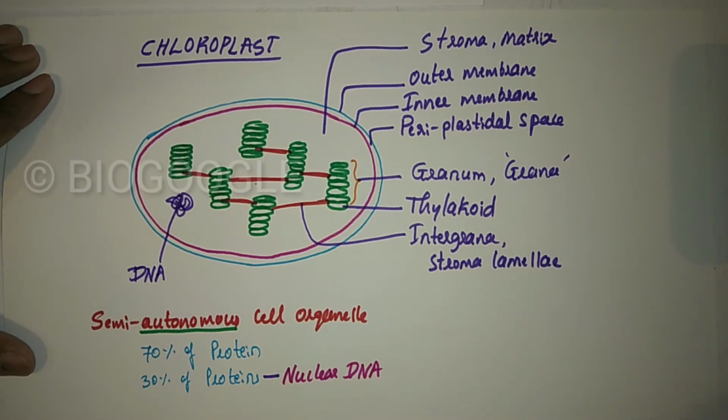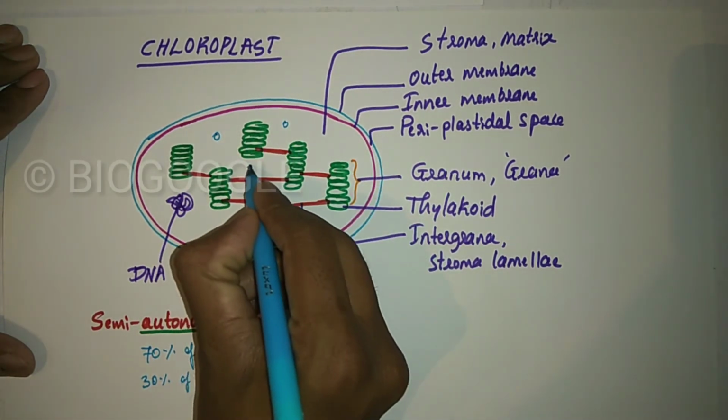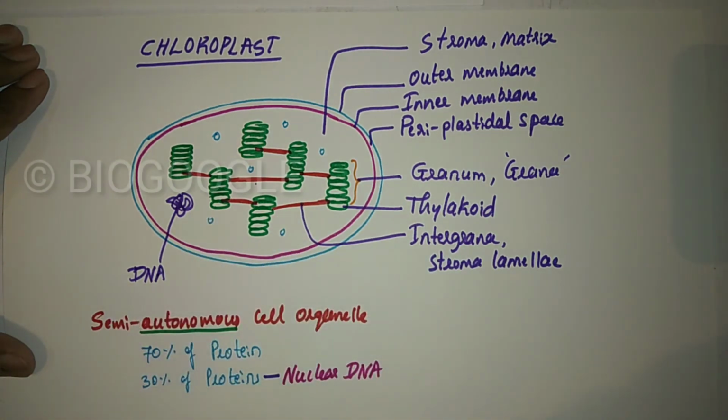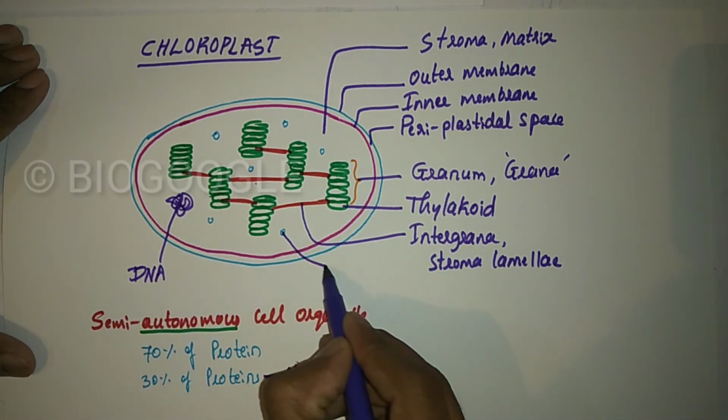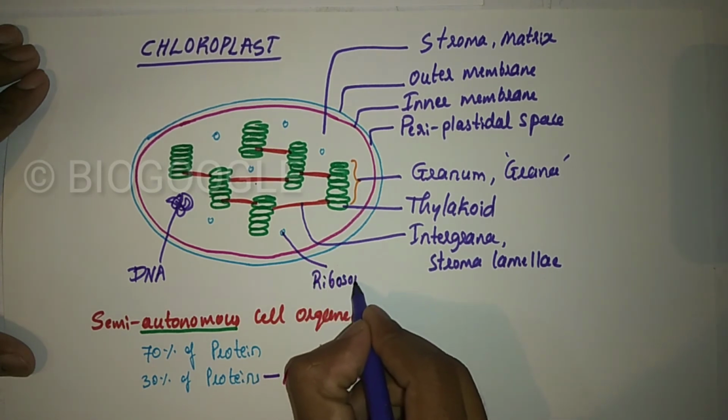When there is a process of translation, there must be protein factories: the non-membrane bound structures that we call ribosomes.